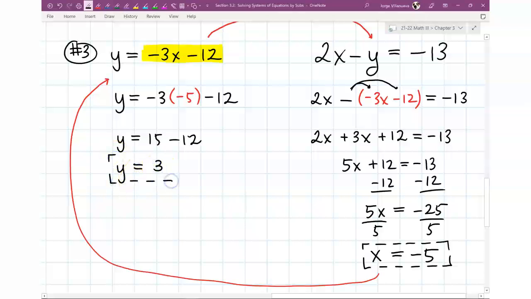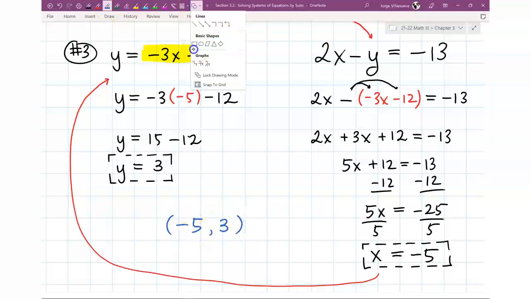Again, this is not my answer, but I'm almost there. I got an x value, I got a y value, so all I got to do is put them in the form of a point. So here's my solution. Negative 5, comma, 3. That's my x, y.